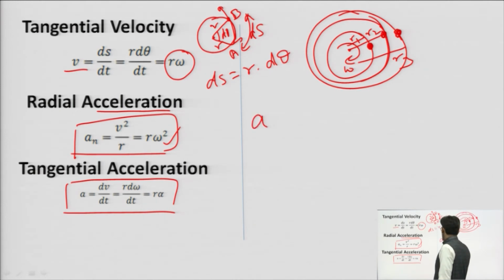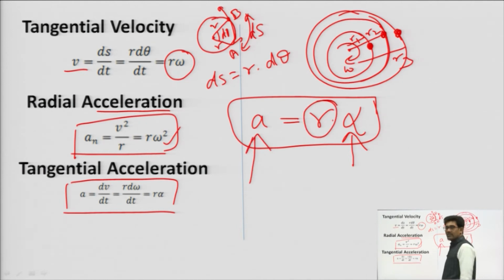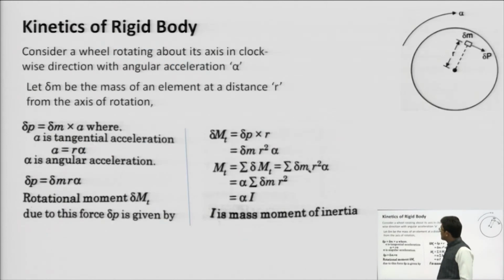So linear acceleration a is related to angular acceleration alpha by multiplication with r, the distance from the rotating axis.